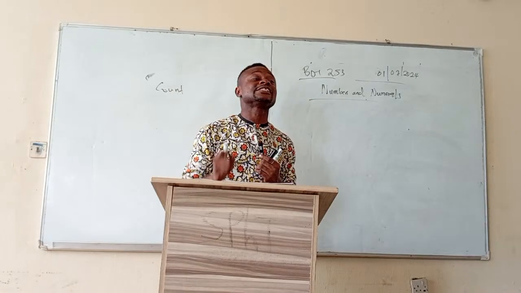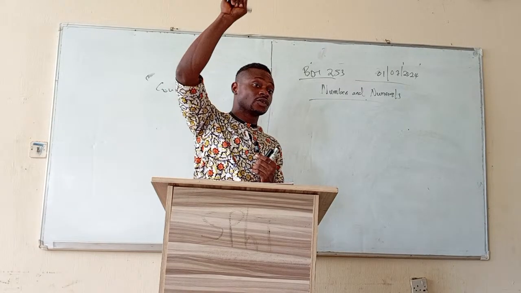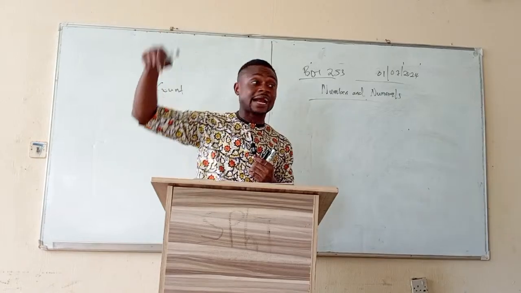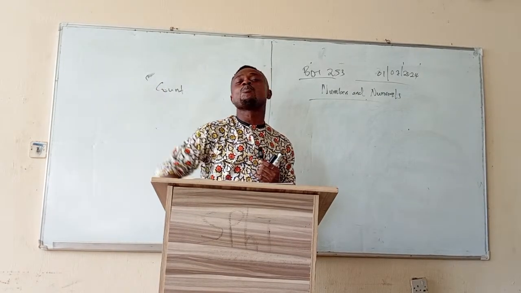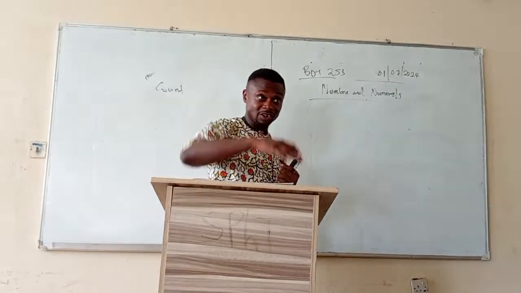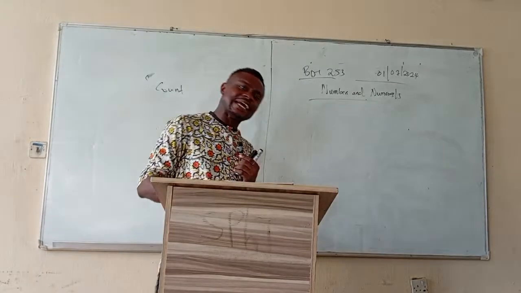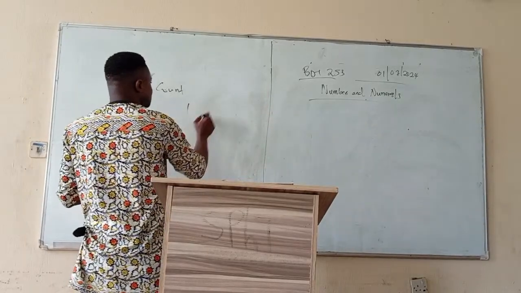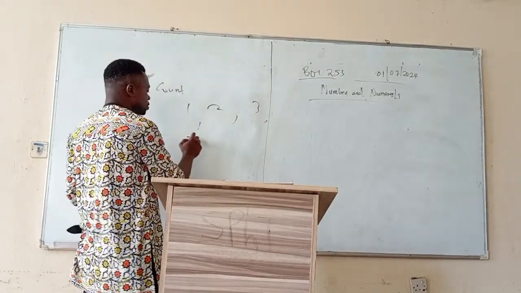But the ones that have conquered the world are 2 numerals: Roman numerals and Arabic numerals. Am I communicating? In fact, the most popular, the most common we use around us is Arabic. 1, 2, 3 is Arabic numerals. But Roman is what?